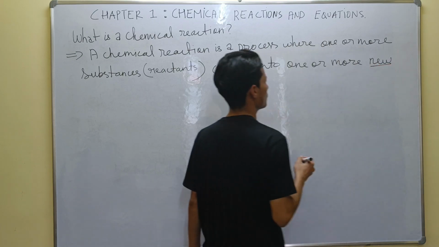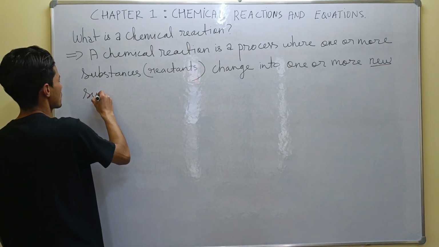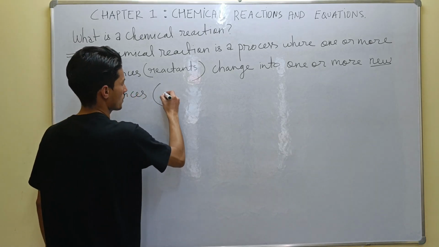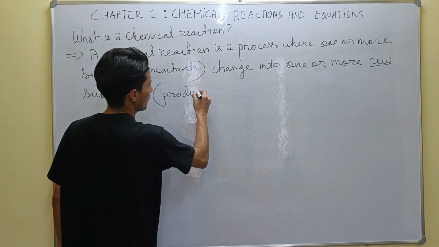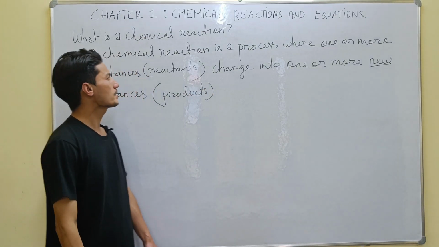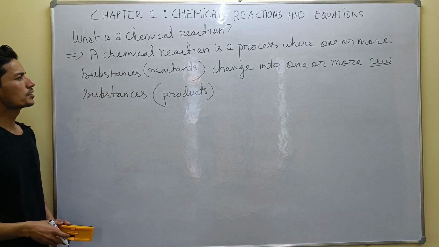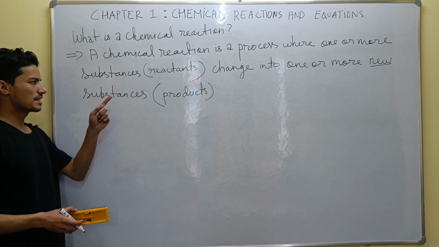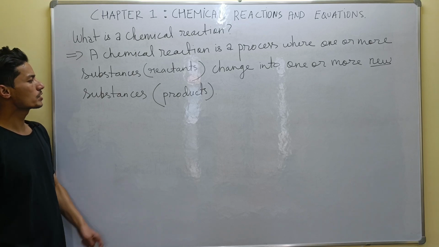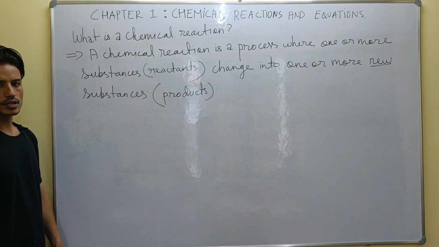Underline this word, new. And the new substances are called the products. Alright, so what is a chemical reaction? A chemical reaction is a process where one or more substances called the reactants change into one or more new substances which are called products.